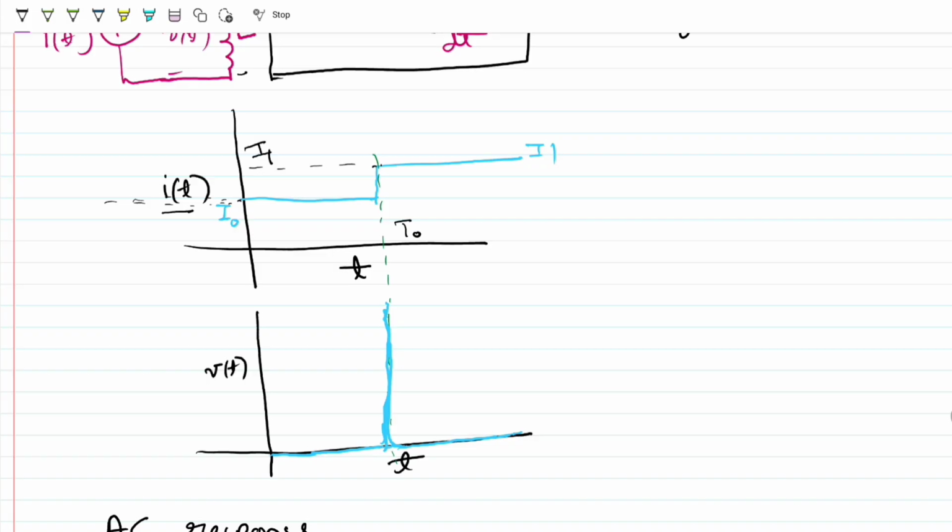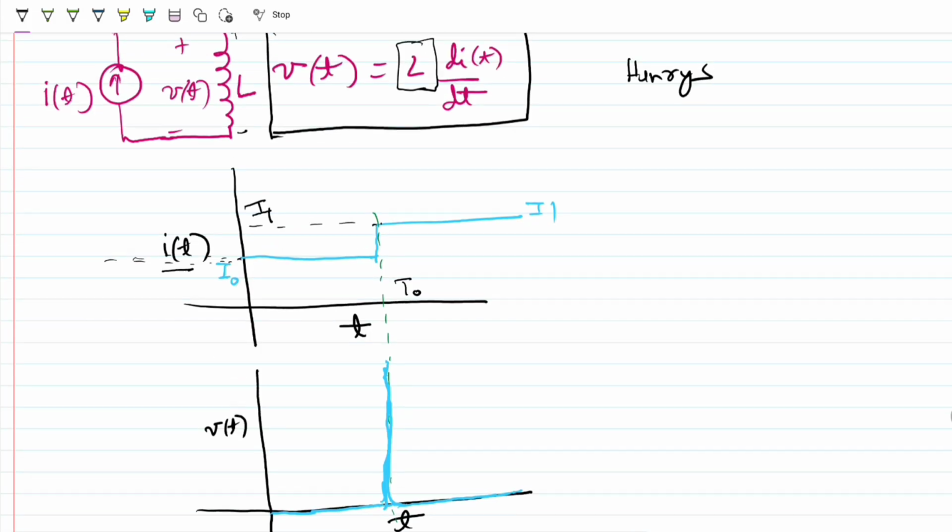Then at t naught there is a sharp jump, and if the time of this jump is very small, it means that the slope of this change is very large. There is a fast change of the current, which means that the derivative of this transition is very large, and in ideal condition infinite.